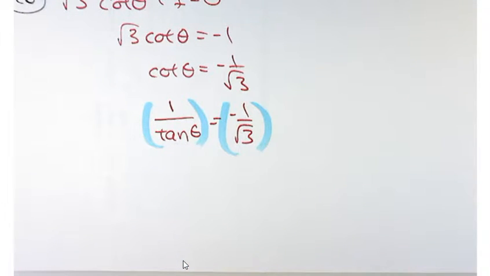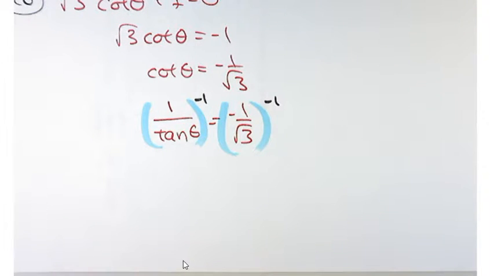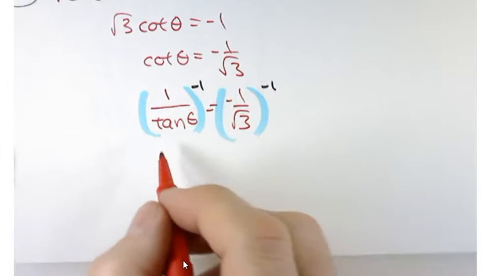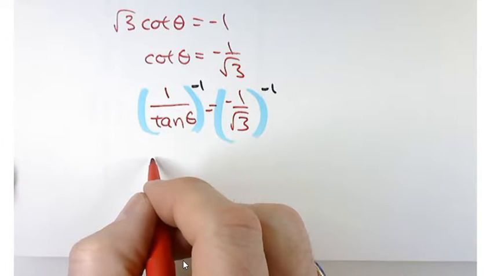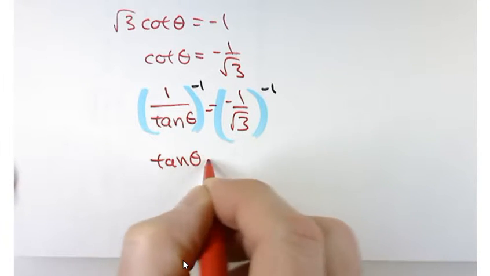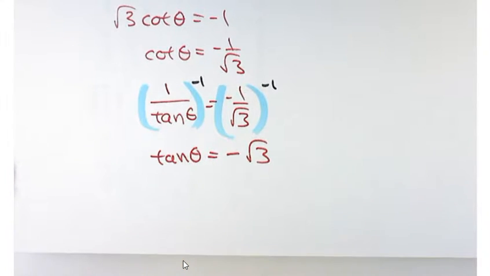It'd be nice just to take the reciprocal on both sides. Got to be a little bit careful doing this, and I really only recommend it if you have two fractions and you're just taking a nice simple reciprocal. If I take the reciprocal on both sides, what equation do I get? Tangent of theta equals -square root of 3. Oh, okay. That's looking a little bit better.